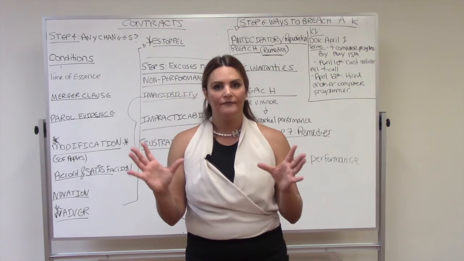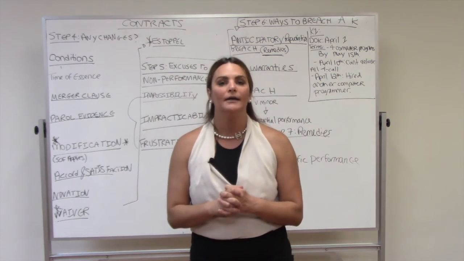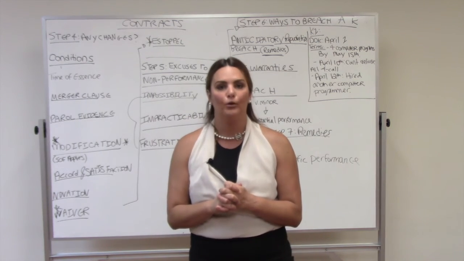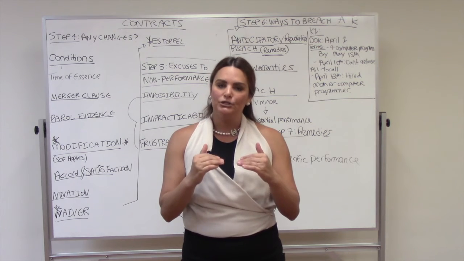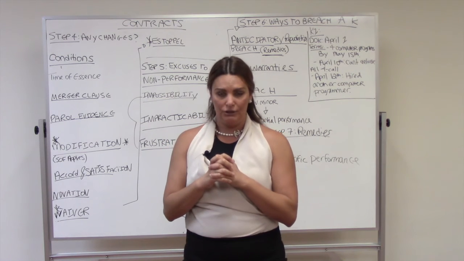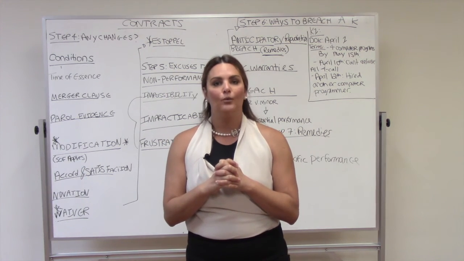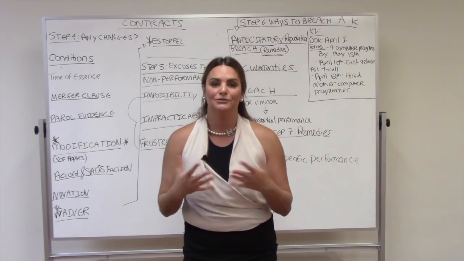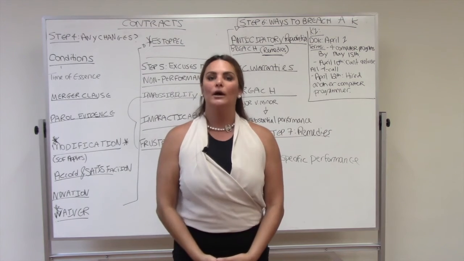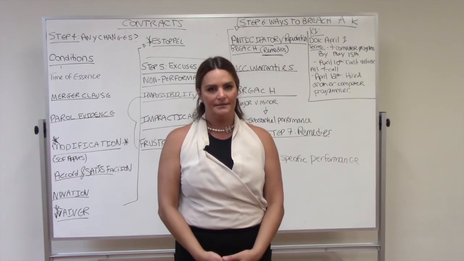If formation fails, we're looking at quasi-contract. Don't forget that important equitable doctrine. After we get out of formation, we're looking at the defenses to formation in scenario 2, and we are really going to pay particular attention to the statute of frauds and exceptions to the statute of frauds. We also have a list of other defenses.